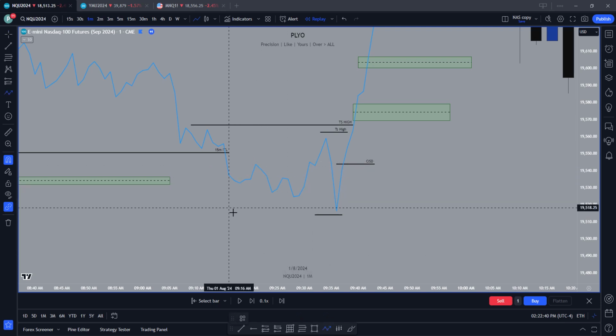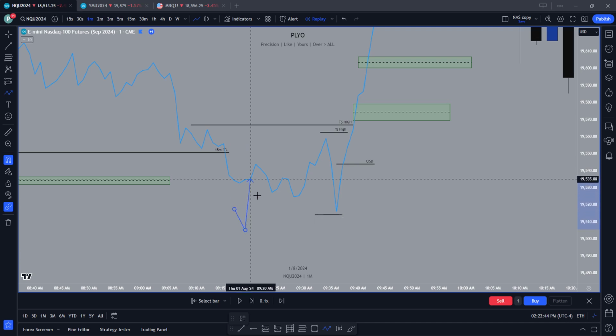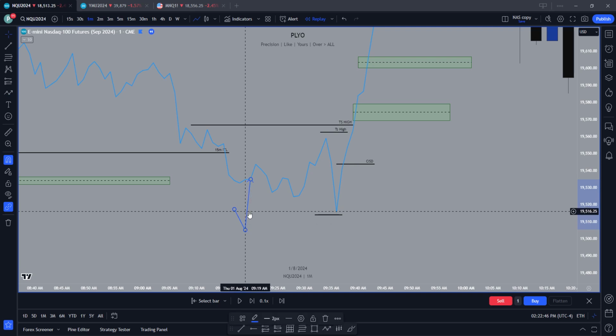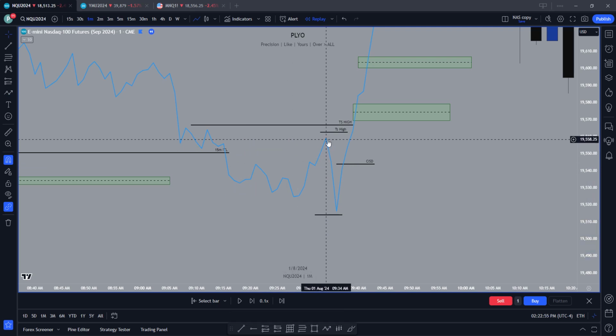Remember from the last video, what you want to see for a manipulation leg or a smart money reversal is a quick move back to the upside if we're bullish. If we're bearish, you want to see a quick move back to the downside, right? It's going to be quick. This right here is a massive move down followed by a massive, sharp move back up, right?